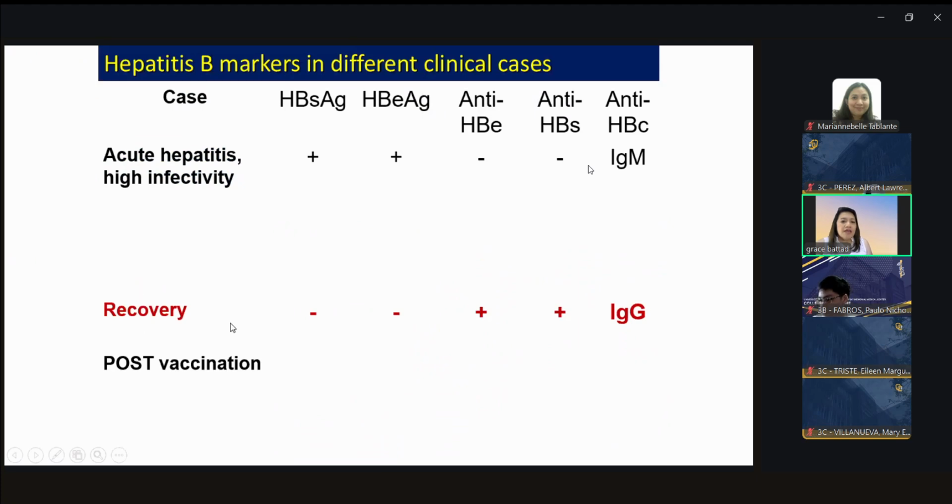Now, if you have here a negative surface, no more infectivity, you have a lot of antibodies already, and you have an IgG, then that means that you are already in the recovery period. If you do not have these other markers, but you have an anti-HBs antibody alone, and you didn't have a core or an E, it means that this might be the marker for those who have been vaccinated.